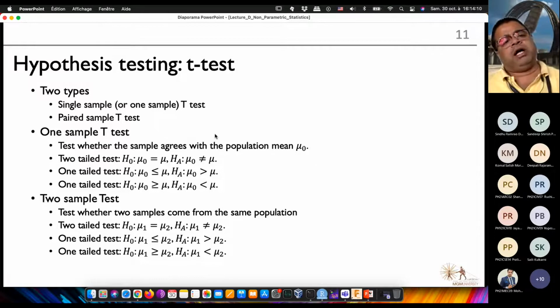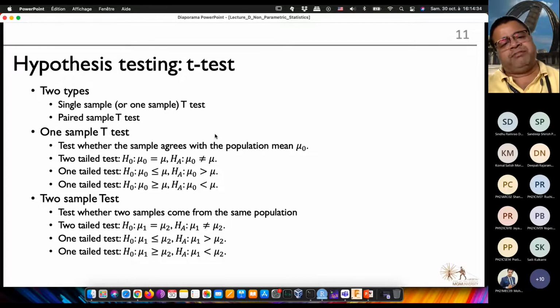So what I am going to start is hypothesis testing with a t-test. When we are talking about the t-test, there is something called a single sample test and a paired sample test. Number two, the t-test will generate a statistic which follows the student t distribution.